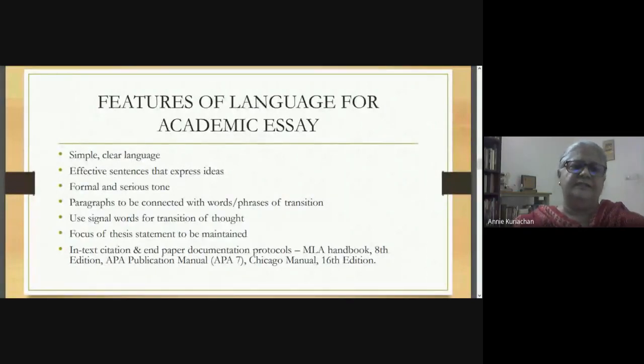For social sciences, mostly it is APA 7, also the Chicago Manual, the 16th edition. Each of these, I'm not going into detail. It is there out in the world. The knowledge is available. We just need to Google and find out what these various protocols are.